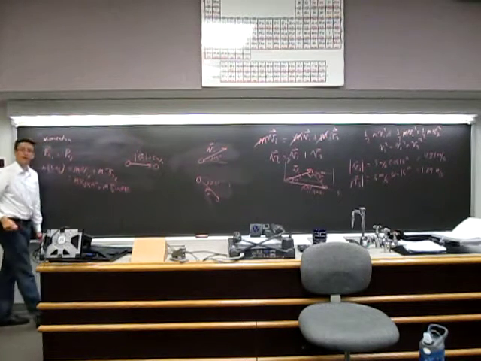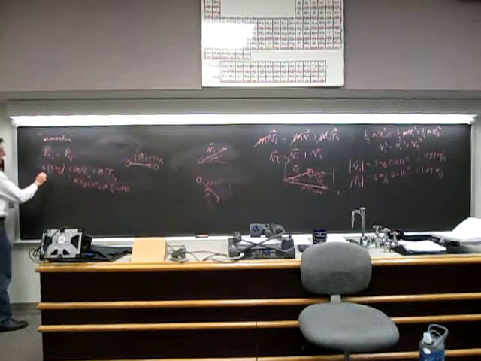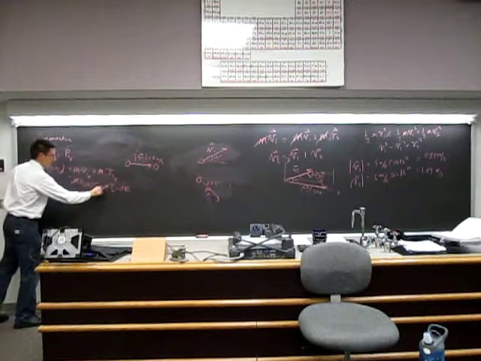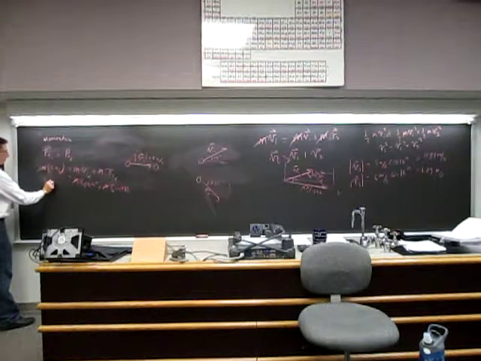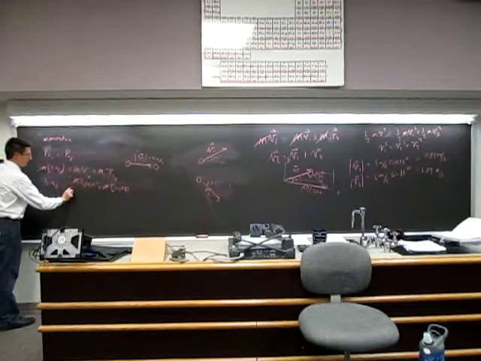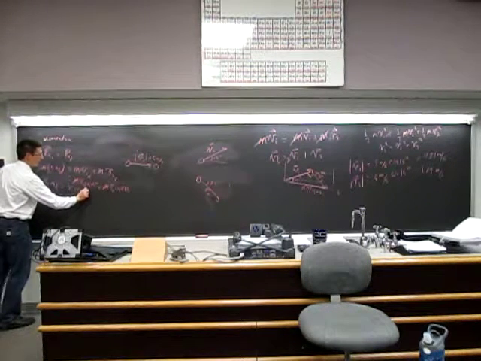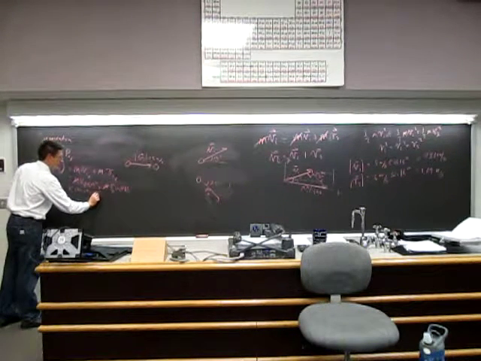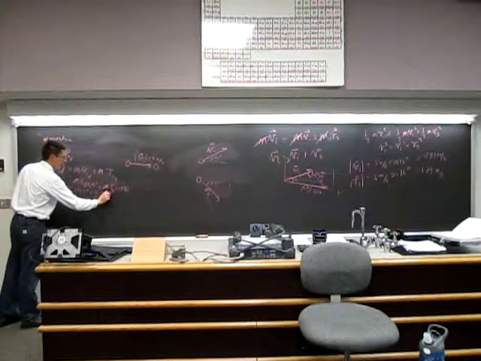And then I can divide through by the m's. So I get 5 meters per second is v1 cosine of 15 degrees plus v2 cosine of 75 degrees.